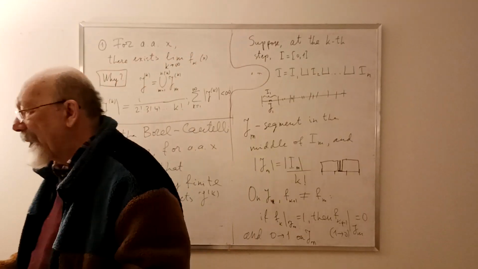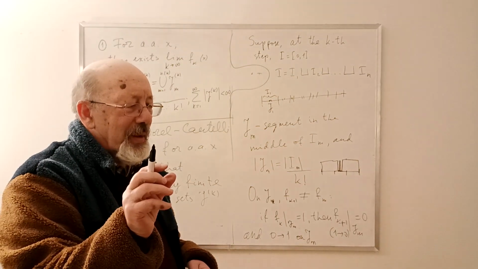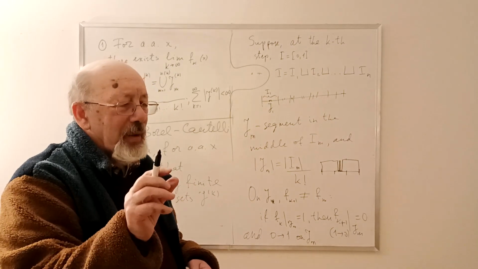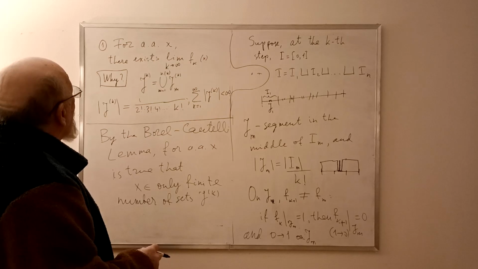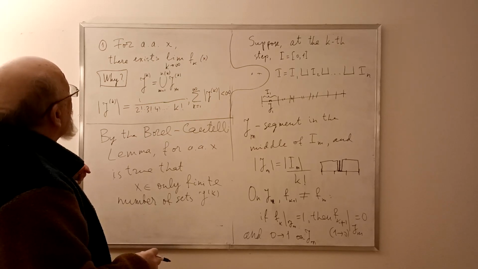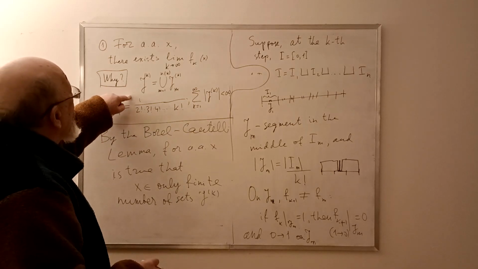So this means that any segment will have a common part with this set A. So this set A is the set where this limit equals 1.